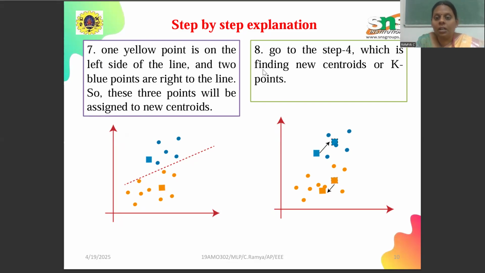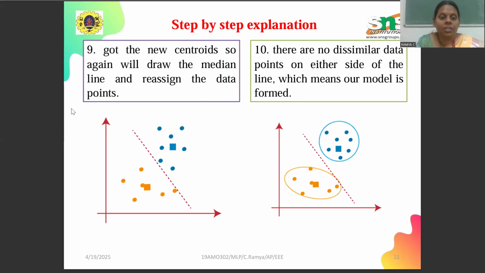So here we find the new centroids or the median point. Again, we shift our centroid point over here, in the same way for the orange as well as the blue. Now we have got the new centroids. Again, we draw the median line by finding the closest data points in the given data set.